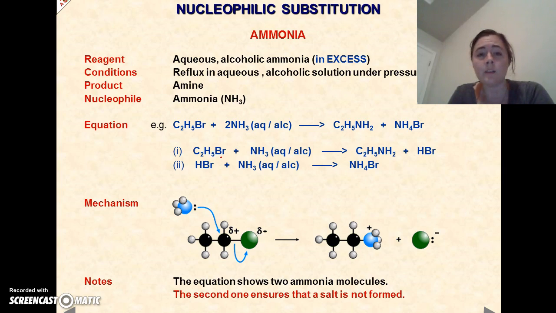Ammonia works the same way. Again, you're in reflux. Notice that it says alcoholic ammonia in excess. As far as equilibrium goes, you really want to have a lot of your reactants in order to push this towards our product side. But the same deal happens.